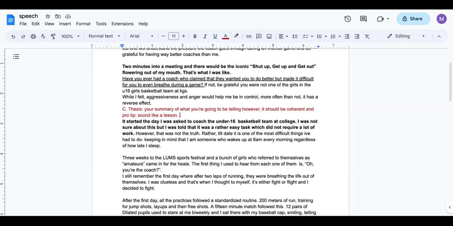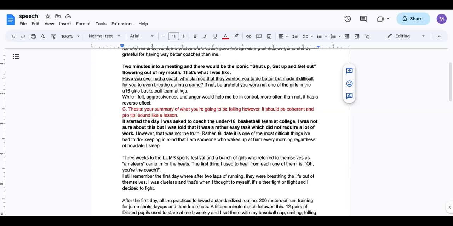Okay, so right now when I read the sample over here, their thesis is, again, it's important to show your gratitude and love to your friends because it might be your last chance. Now that does sound like a lesson. So your pro tip to write your thesis is, make sure that it sounds like a lesson to the audience. That is going to go a long, long way.